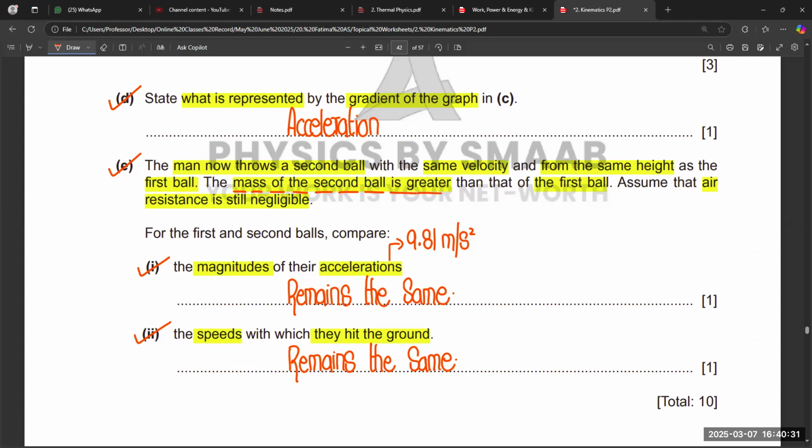So when there is no air resistance, this is like space. In space, we know that all bodies float at the same rate because there is no atmosphere. So when we have no atmosphere, there is only one force acting, which is the gravitational force. And that's why we have the same values of acceleration and velocity, right?